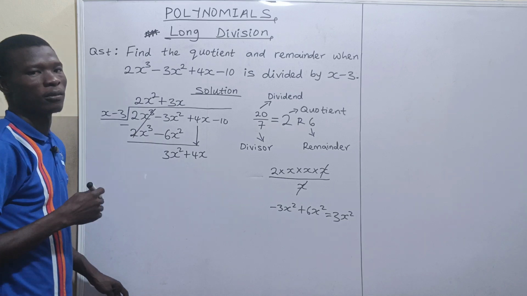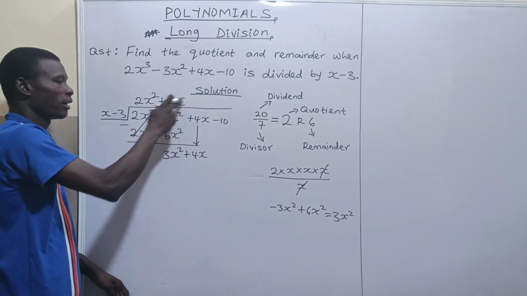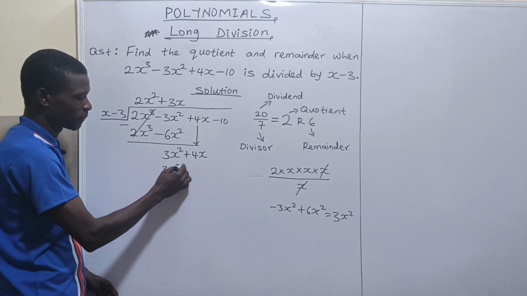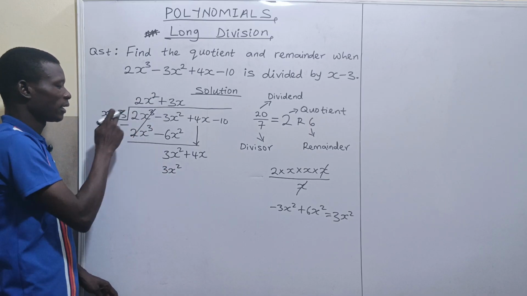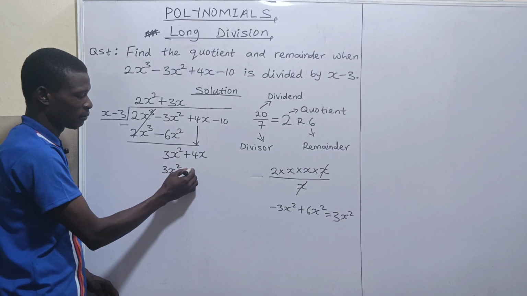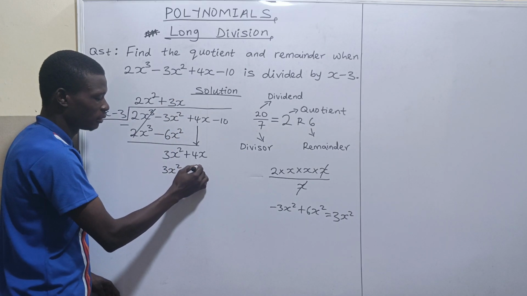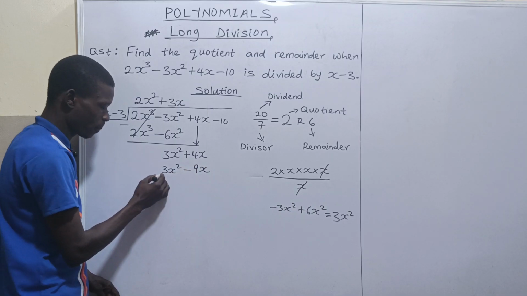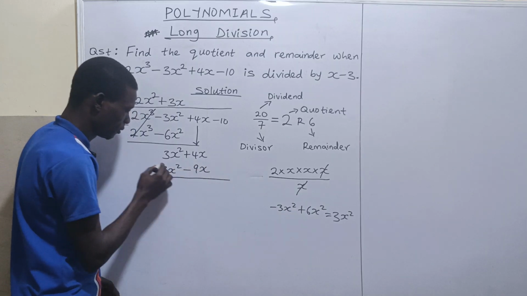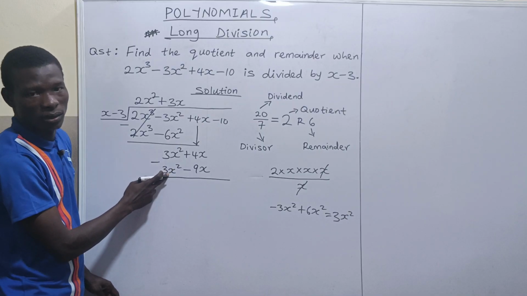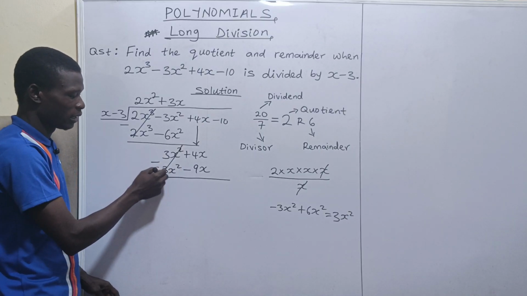Go through our round of multiplication again. 3x multiplied by x will give us 3x squared. Plus times minus is minus. 3x multiplied by 3 will give us 9x. And after that, we subtract again. 3x squared minus 3x squared will be 0. Eliminated.